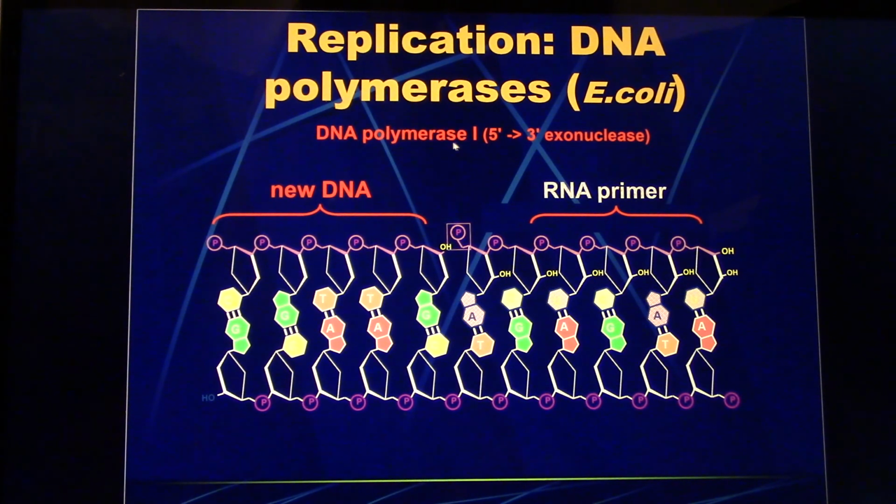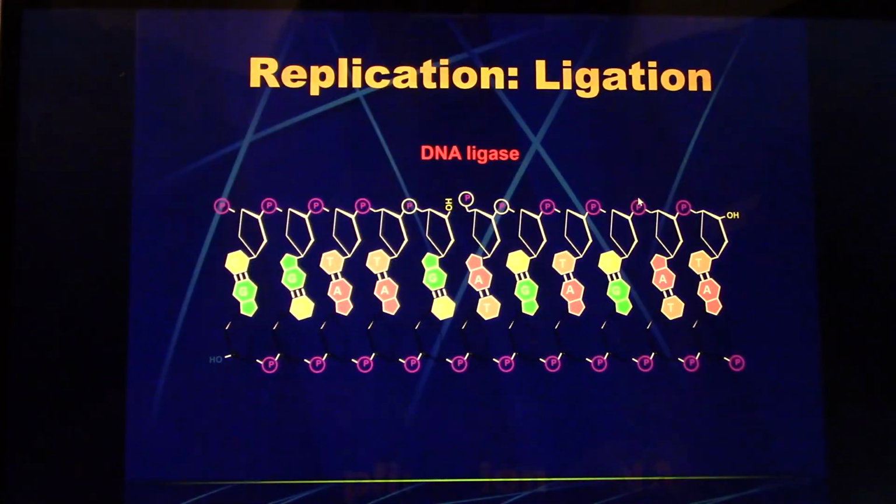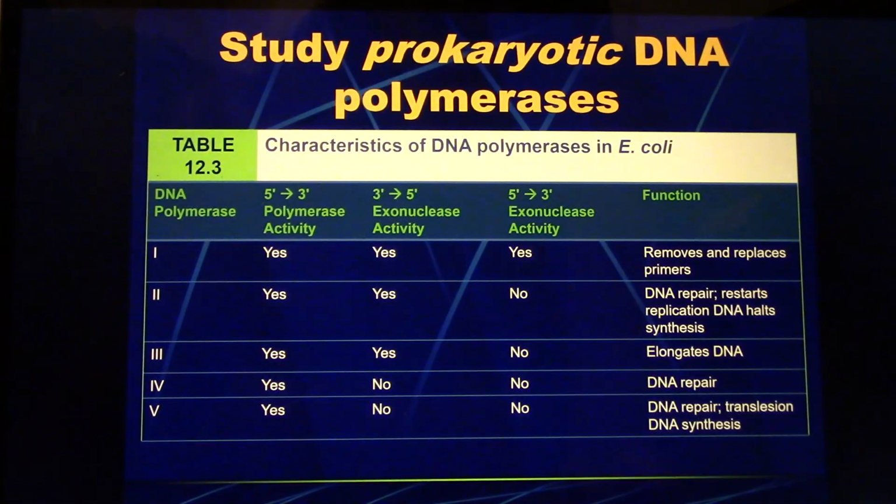Then DNA polymerase 1 comes in, and it has 5' to 3' exonuclease function to remove that RNA primer and simultaneously put in new DNA. Then finally DNA ligase comes in and seals the nick together.